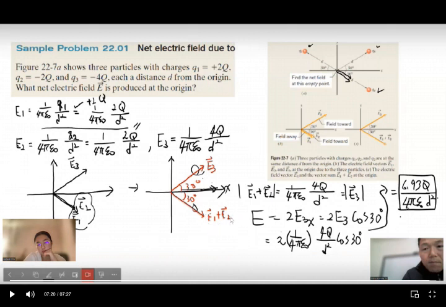But fortunately, that resulting vector and the third vector have the same magnitude, but they are pointing in opposite directions along the y-axis. So there's no y component, only the x component out of the three vectors. So this vectorial summation is pretty much the same as the one we had in the previous example. Does it make sense?